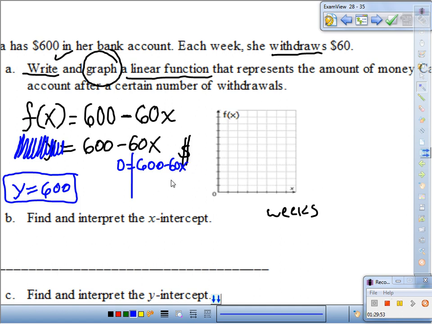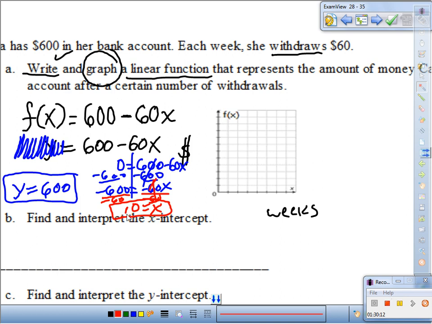Let's solve for x. What do I do? Minus 600, minus 600. Negative 600 equals negative 60x. And lastly, divide by negative 60. 10 equals x.